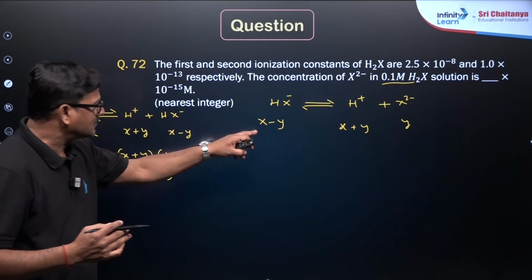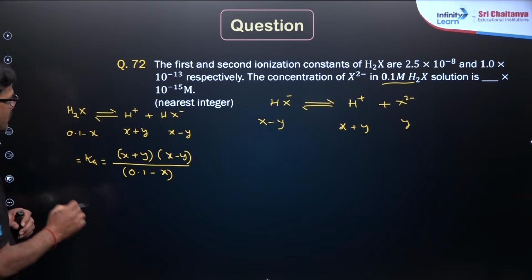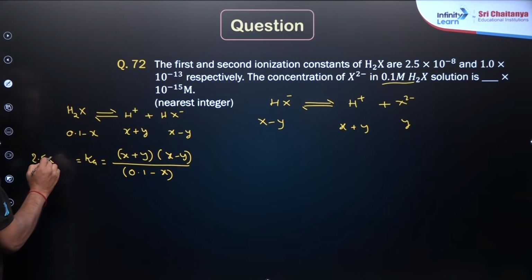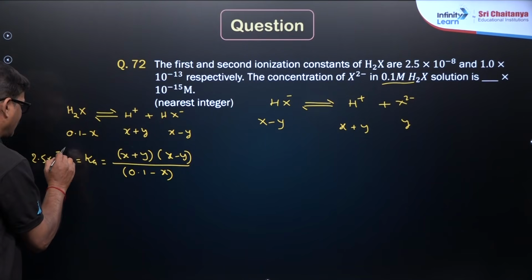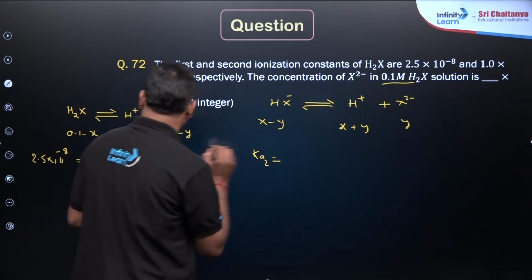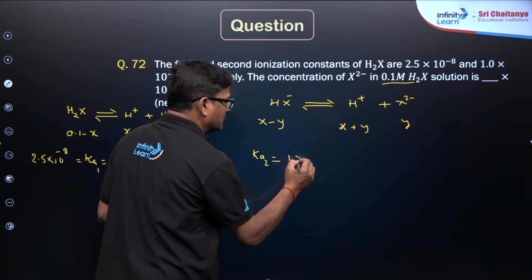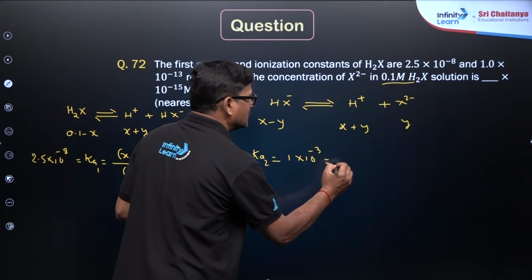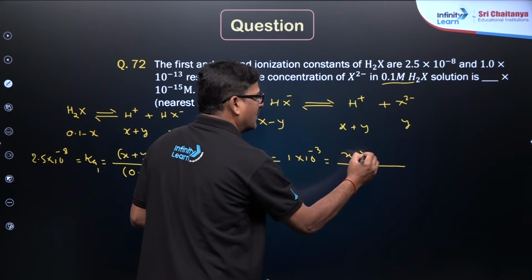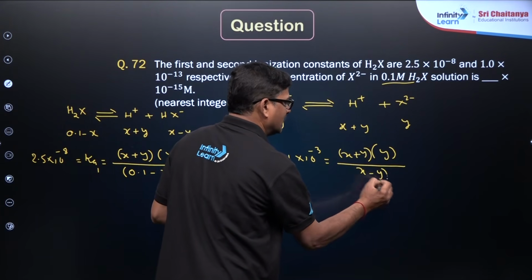So the dissociation constants here, for the first it is going to be 2.5 into 10 raised to minus 8, and Ka2 is going to be 1 into 10 power minus 13, which is equal to (x plus y) and y over (x minus y).